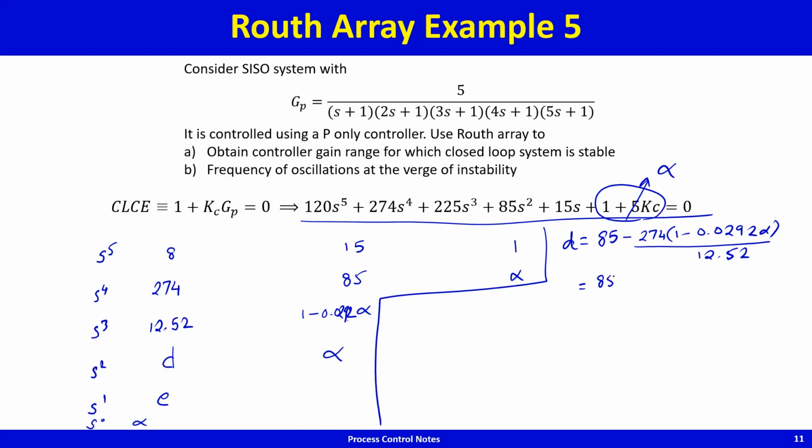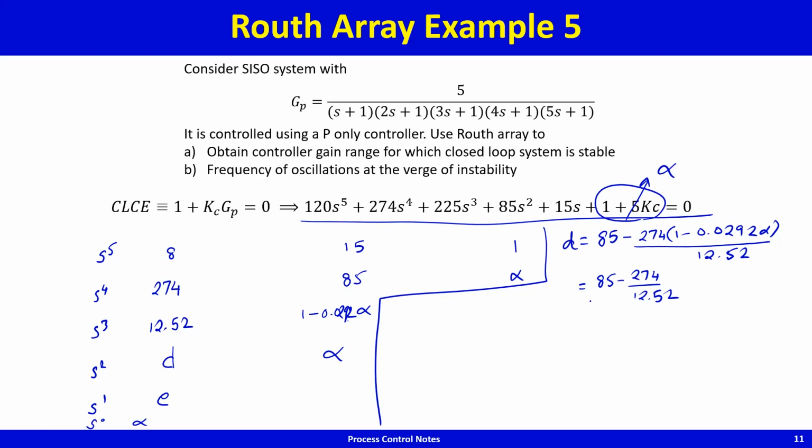So that's going to be 85 minus 274 by 12.52, and you can see 12 times 20 will give you 240, 12.5.